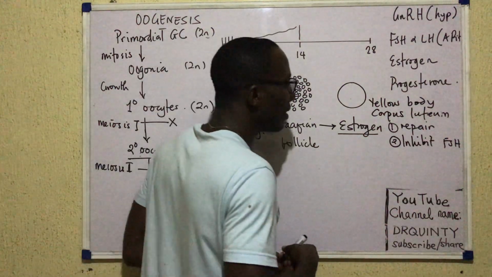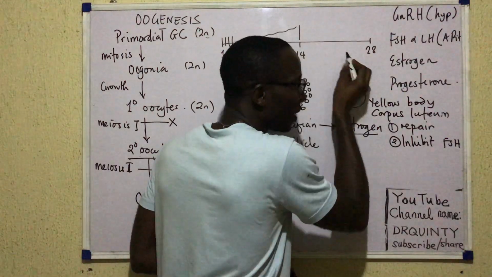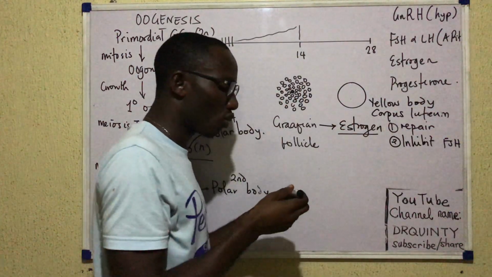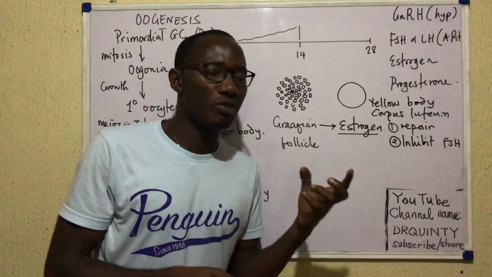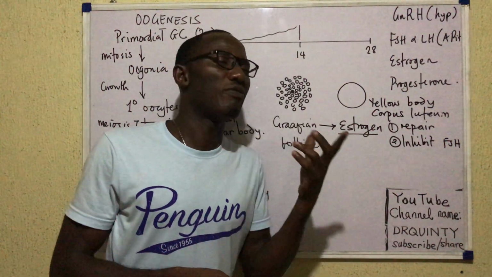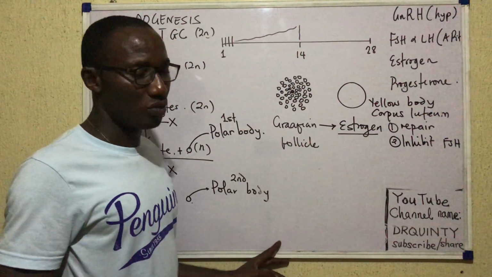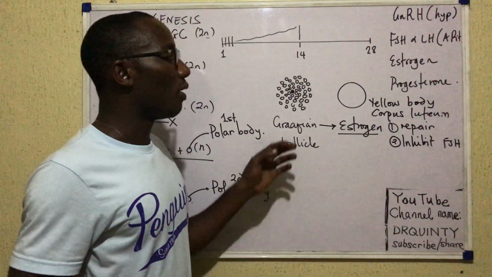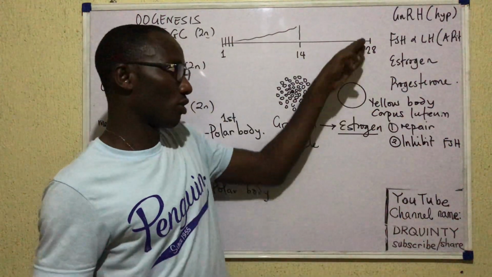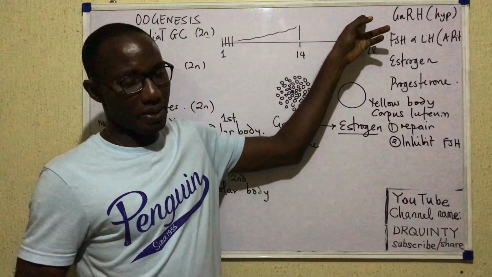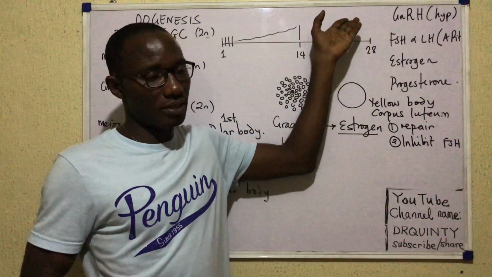Then, together with progesterone, from this point onwards, estrogen is able to continue the repair and thickening of the uterine wall, hoping that there will be fertilization of the secondary oocyte that was released during ovulation. If that secondary oocyte gets fertilized, then of course the wall of the uterus has been prepared for the implantation process. So yes, implantation can take place.